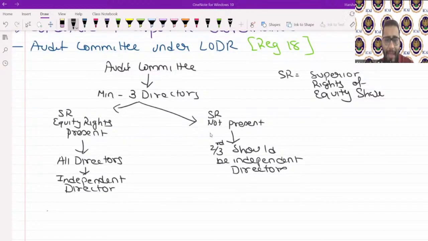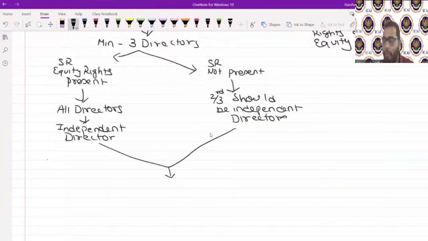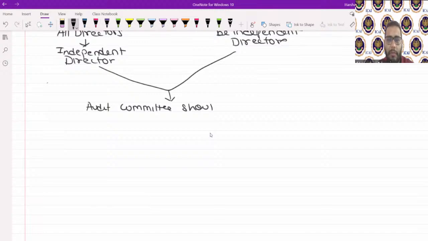And out of these, at least one member shall have accounting related or financial management related expertise. So what is required is that the audit committee should be financially literate.